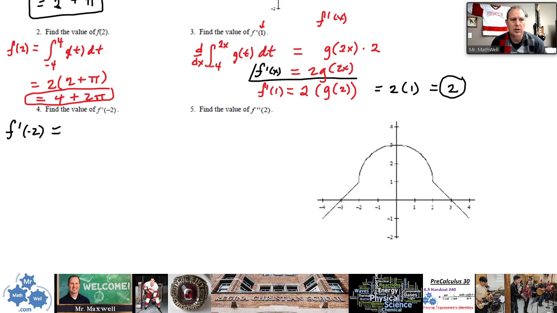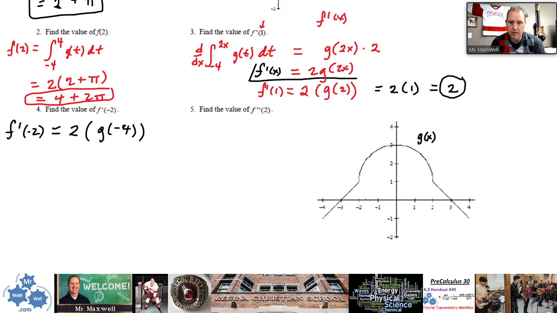So f prime of negative 2 is going to be 2 times g of negative, x is negative 2, so I got to multiply 2 times negative 2, so that's negative 4. Right? So g of 2x, and x in this case is negative 2, so that's g of negative 4. So what is g of negative 4? Well, I recopied this graph down here for you.